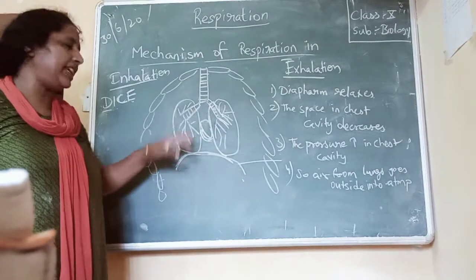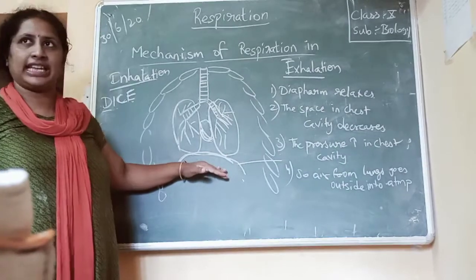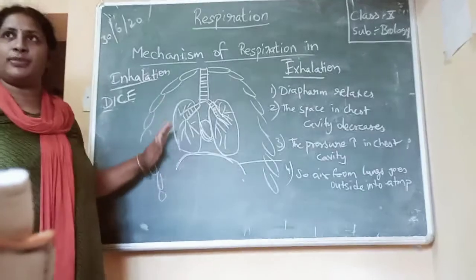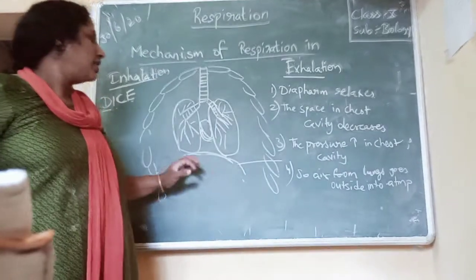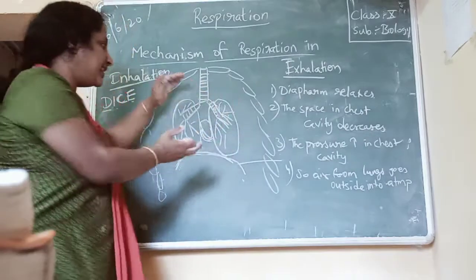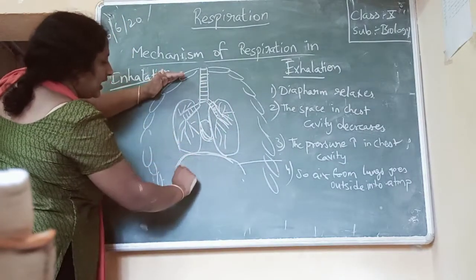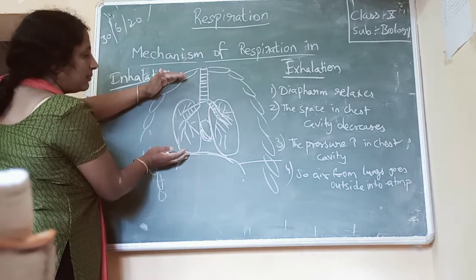The diaphragm relaxes. So during inhalation, it was in the contract stage, so the space was more. Now it relaxes, so the space decreases. The space in the chest cavity was here during inhalation, and now it came to normal position.